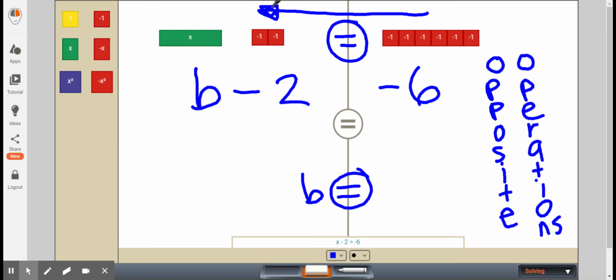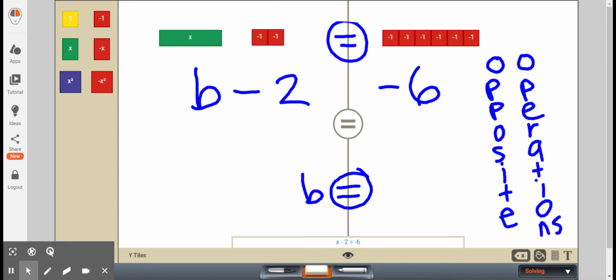Okay, so just looking at this, if we have -6 and we need to go opposite operations, we're going to have to take away two negatives, and that tells us that we must have -1, -2, -3, -4 on the left side in order to be equal to what we have on the right side. Okay, so how do we model that out?